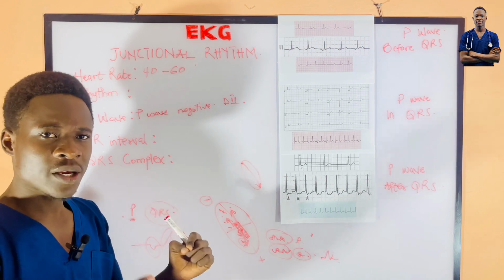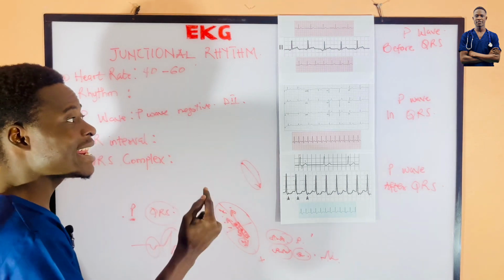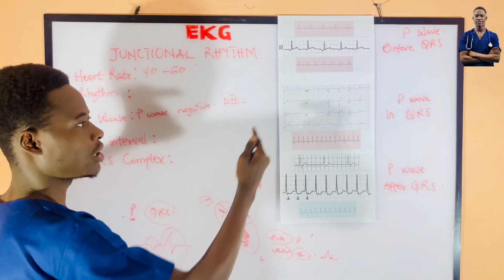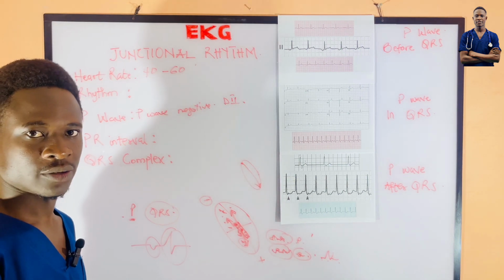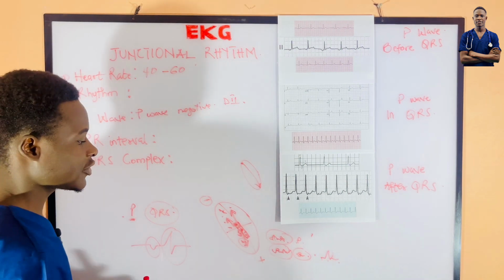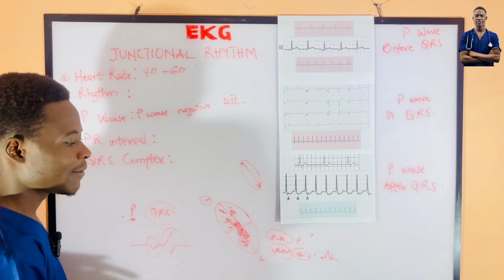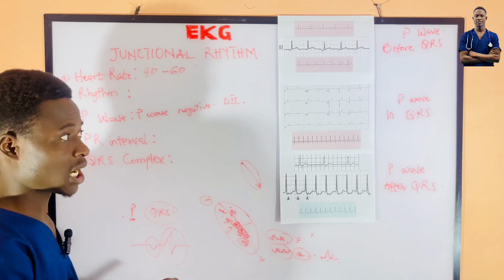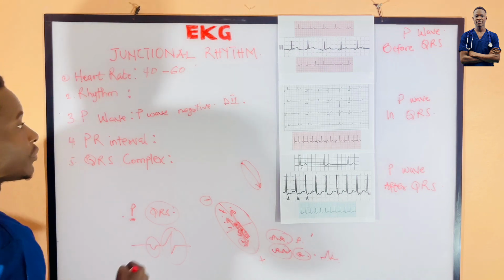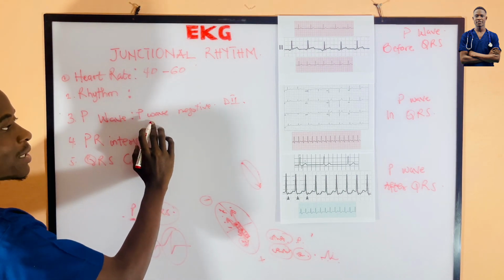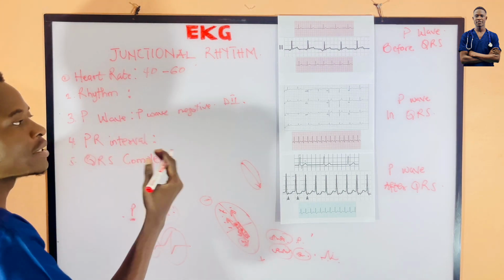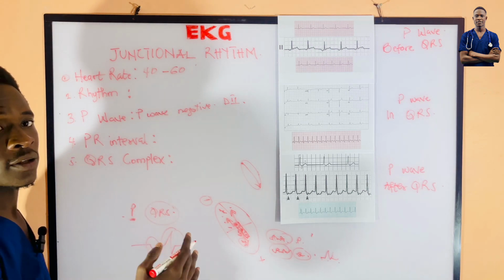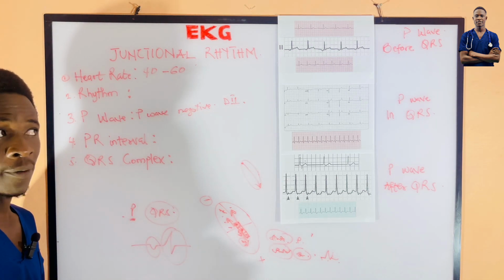So the P wave is hiding inside the QRS complex. Do you understand? That means the electrical impulse was generated at the middle of the AV node. Are we clear with it? So we see the P wave is hiding, or we won't see. There will be absence of the P wave. Are we clear with it?